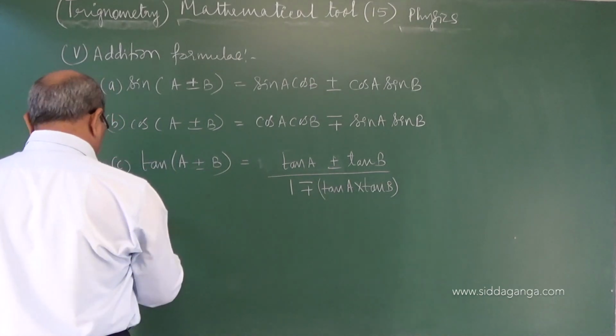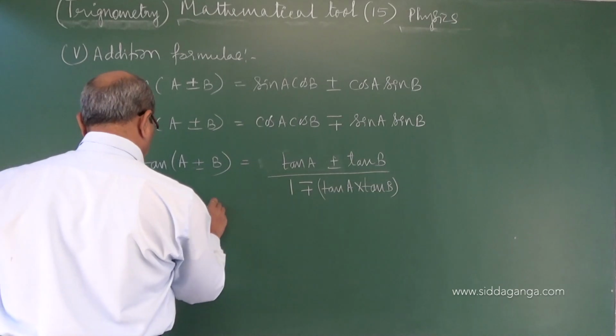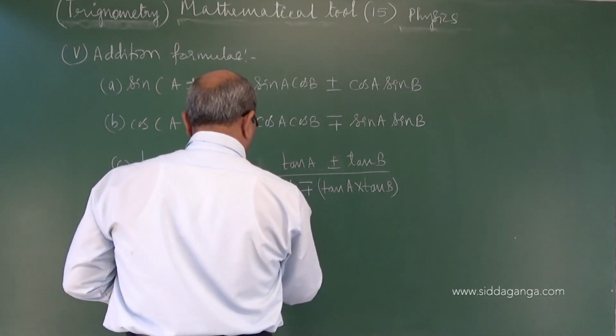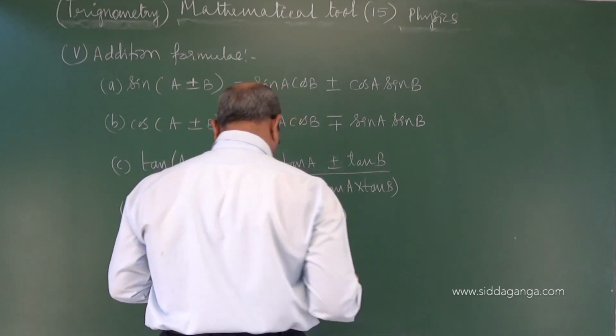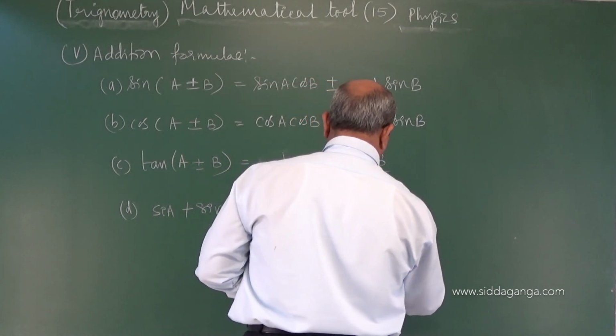So coming to similarly, sin A plus sin B can be written as 2 sin of A plus B by 2 into cos A minus B by 2.